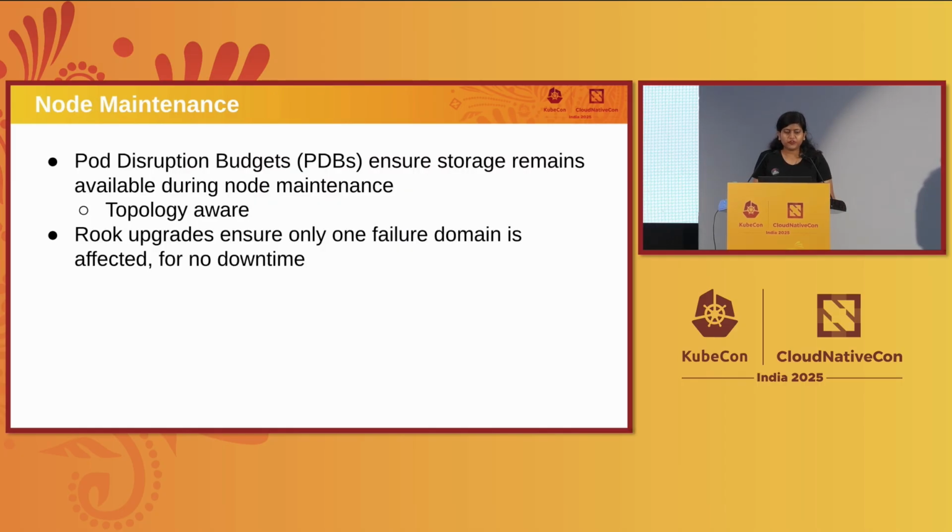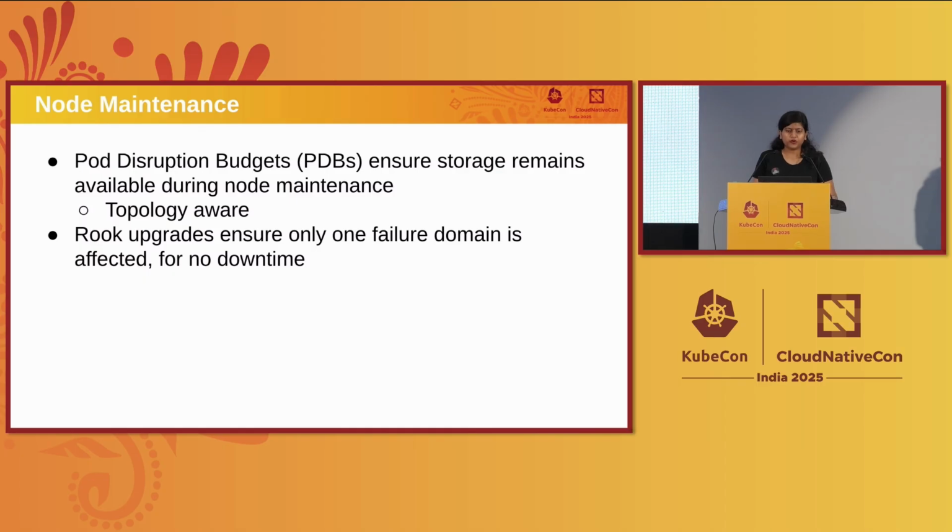So Rook Ceph is aware of that. We make use of pod disruption budgets that work on the basis of the failure domain that you have specified, and it will ensure that the minimum number of nodes or copies or any resource required would be up while doing node maintenance, and Ceph will make sure of the other part, like going down of failure domains.